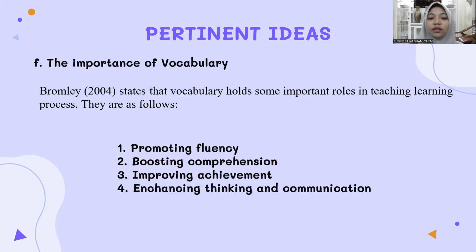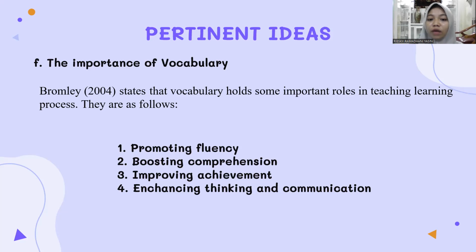On a component analysis of comprehension, word meanings were found to make up 74% of comprehension. The third is improving achievement. A large vocabulary means a large amount of conceptual knowledge, which makes academic learning easier.